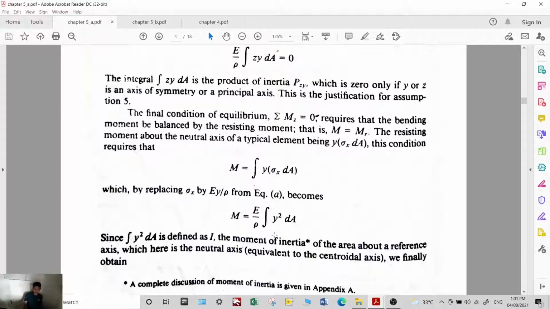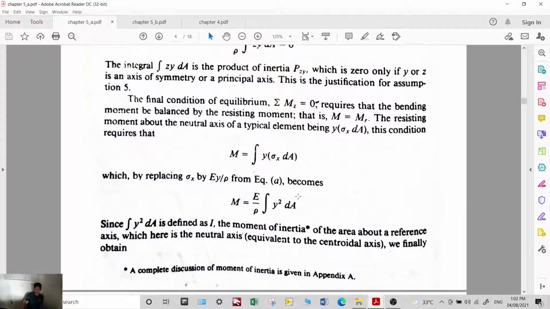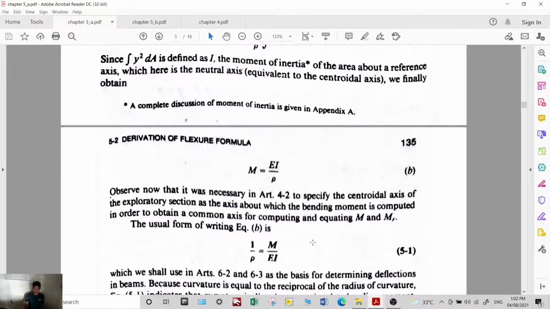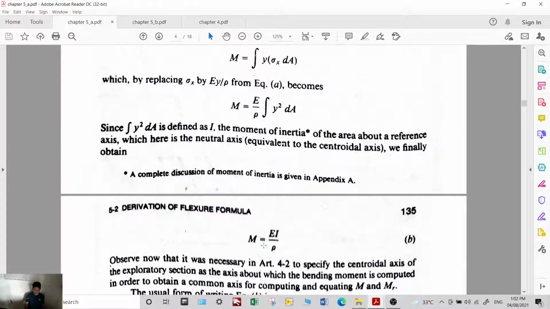So what is the moment of inertia? The moment of inertia is the ability of the area to resist bending or to resist rotation. It is the property that determines how well it resists rotation. So moment is equal to EI over rho.